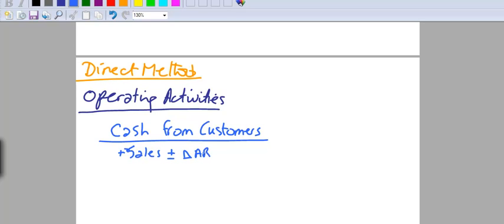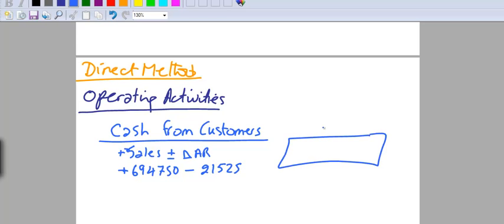In this case, our sales is 694,750, and my accounts receivable has gone up, so my cash is going to be affected by 21,525.